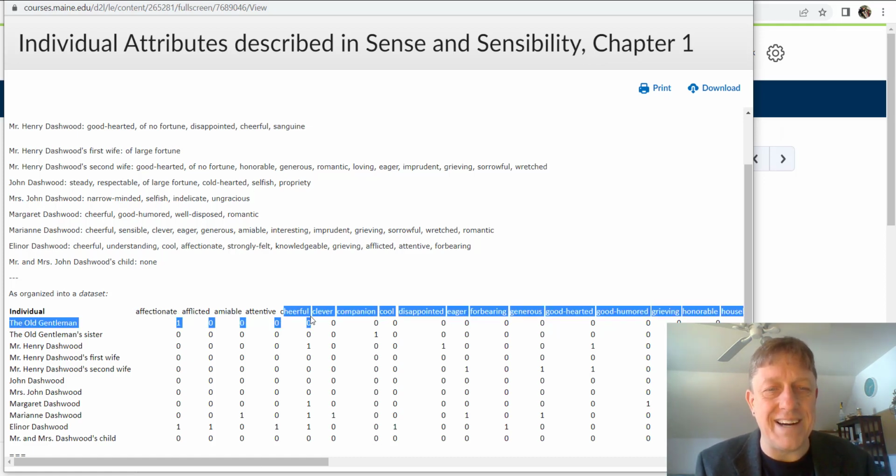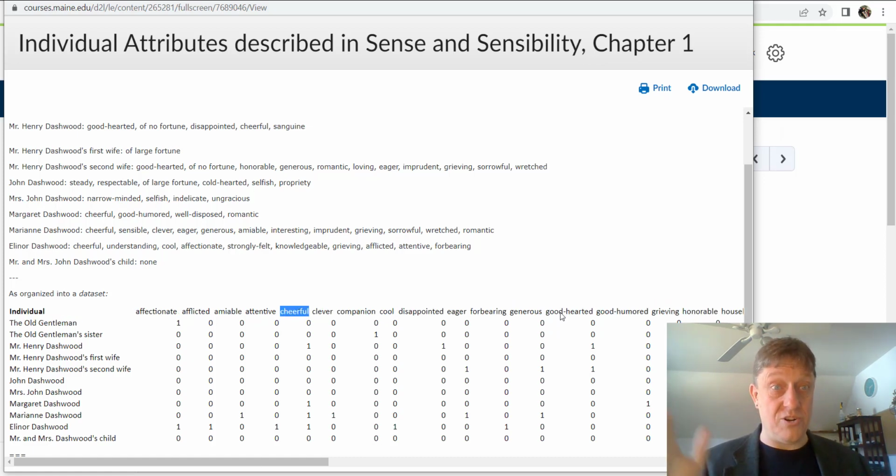Much more in common is under cheerfulness. That would be Mr. Henry Dashwood, Margaret, Marianne, and Eleanor Dashwood, who are all described as cheerful. Similarly, commonalities can be seen in the data set. So who's eager?